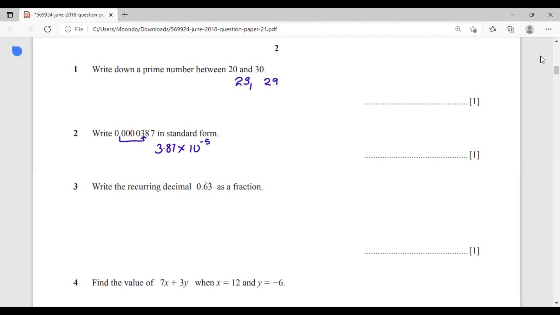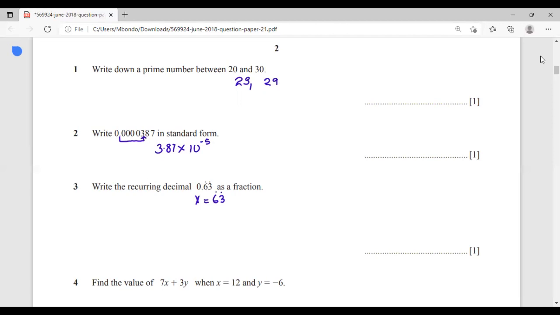Then write the recurring decimal as a fraction. Okay, so this one, what we're supposed to do is to say x, we equate this to x. Remember we have this, and then we write the second one.